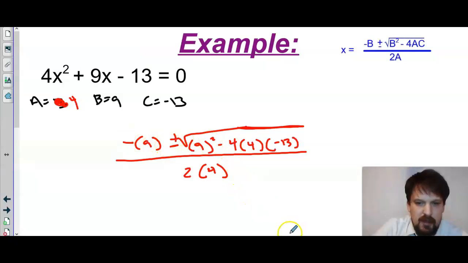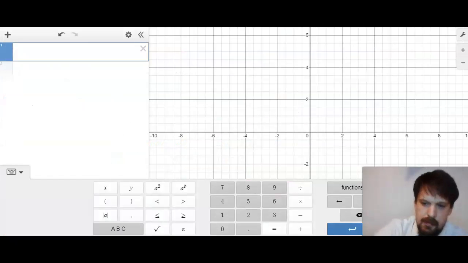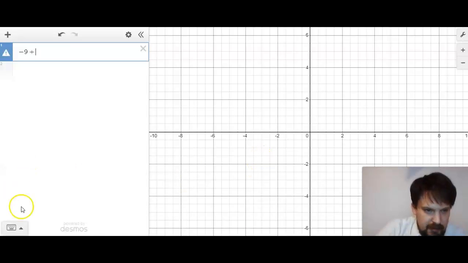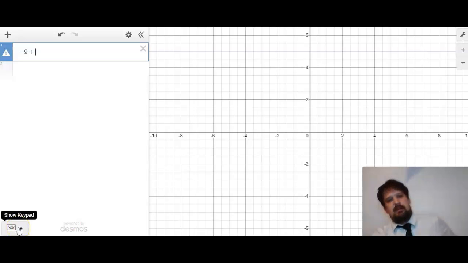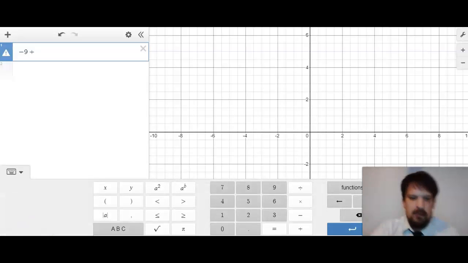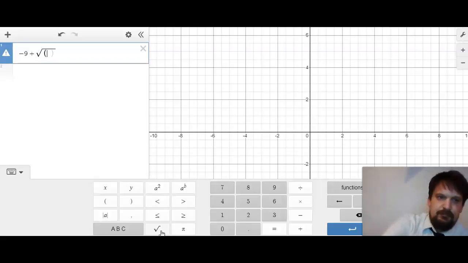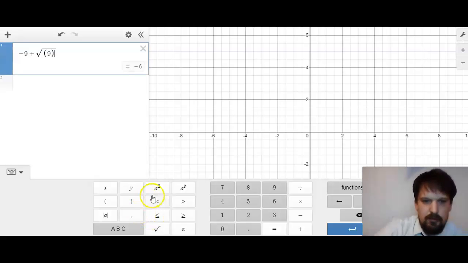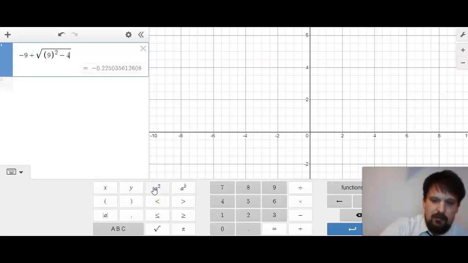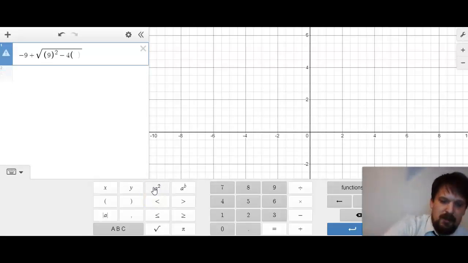So we're going to do negative 9 plus. If you hover down here, it's going to say show keypad. If you bring that up, it gives you a couple options. There's my square root. So we're going to do the square root of 9 squared minus 4 times a, which was 4, times c, which was negative 13.